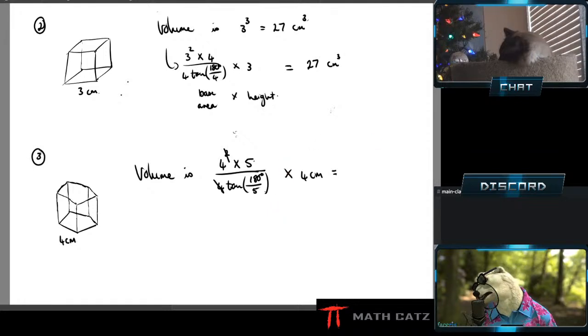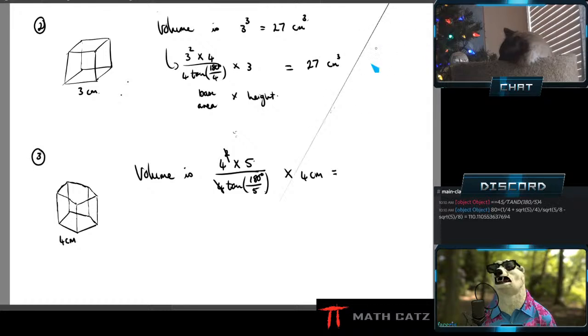Let us see what this is. Four times 5 divided by... 80 divided by 5. Don't forget that last times 4.